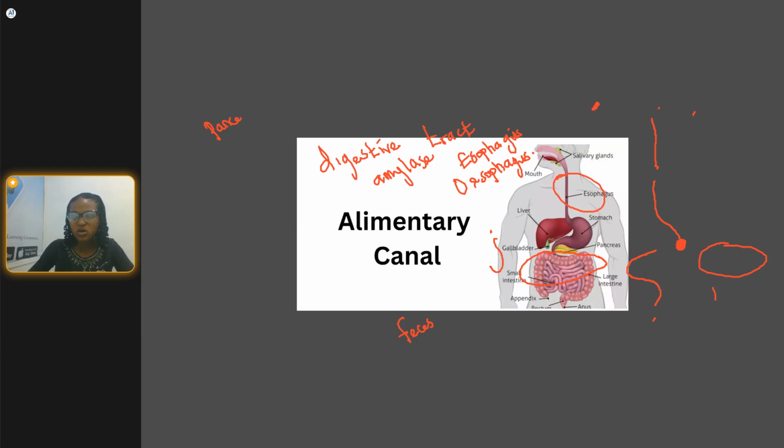So these three organs are known as the accessory organs. Please take note of that. They are also part of the alimentary canal, but they function in a different way from the other organs.